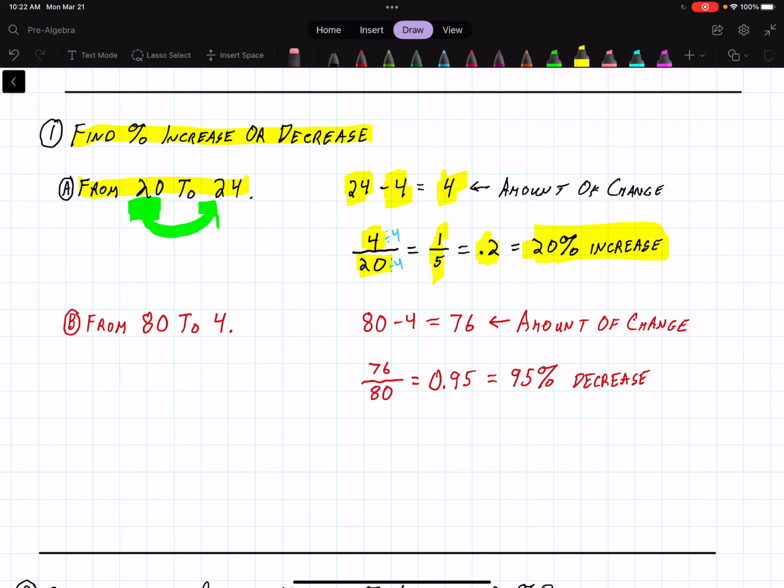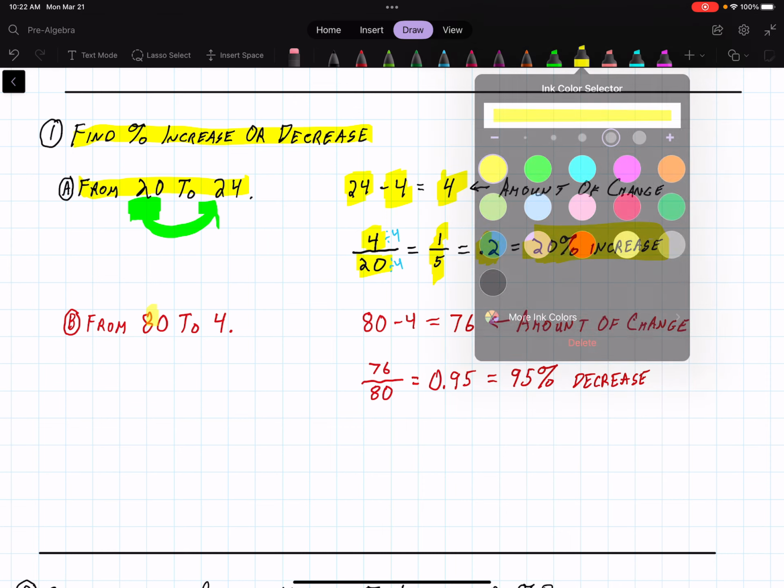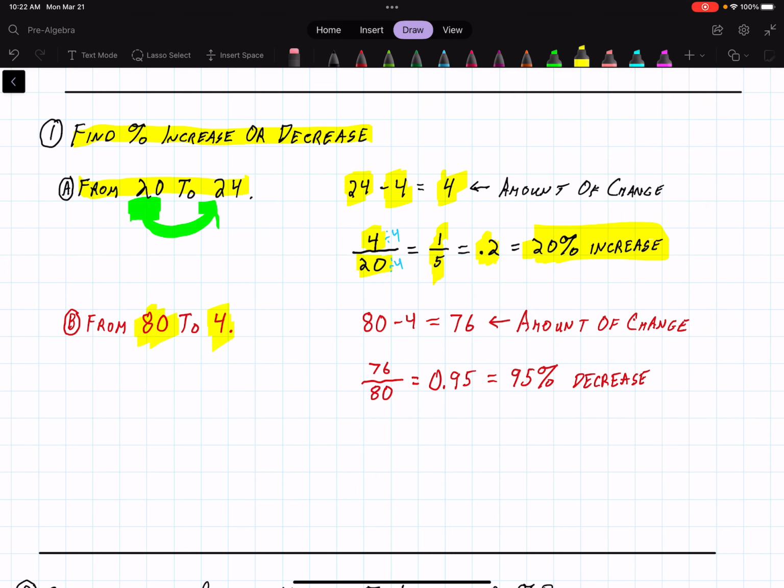So the second problem here, we have starting from 80 and going to 4. Very first step we do is figure out the amount of the change. Take the big number minus the small number. That means 76 is our amount of change. We put that 76 over the original amount. The original amount is the 80 here. And then we just hit our calculator.